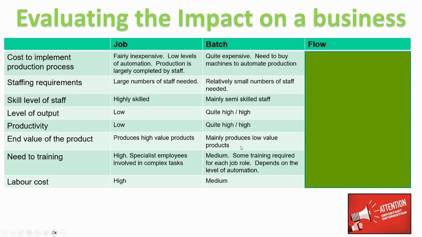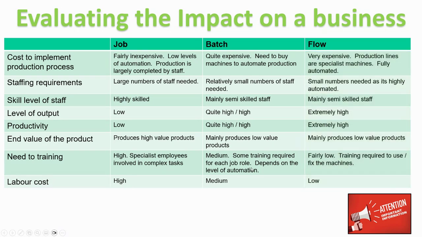Your sausage rolls, your tins of paint, your curtains, carpets and wallpapers. You're not talking about high-end products like job makes. Those workers do need some training, but it depends on how much you're going to automate. Therefore, unlike job production, which is high labour costs, batch production is medium.